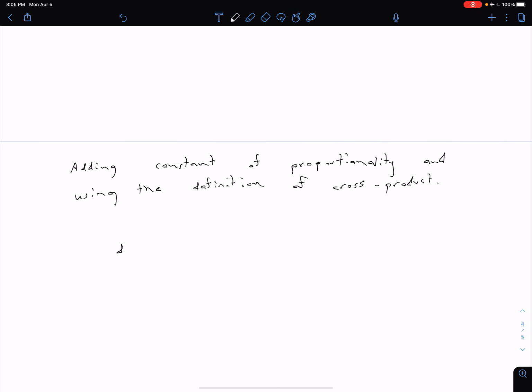We can say that our differential magnetic field intensity, dH, is equal to I dl cross the unit vector in the r direction, divided by 4 pi r squared.